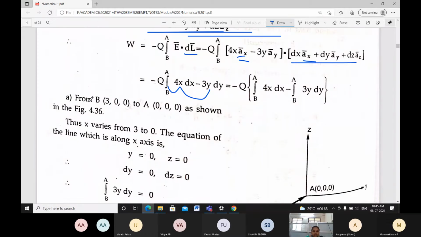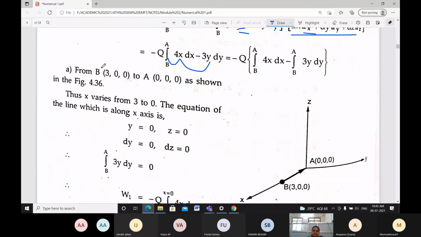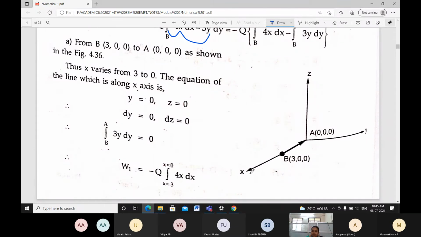Now we'll consider the case for the first one, where b is varying from the origin to 300, to the point a, 000. Observe here, b is on the x coordinate, 300. It is moving towards the origin, so this is the final point, and this is the initial point. I hope you remembered when I was explaining, right? A is 000. From this, we are moving the point charge towards the origin.